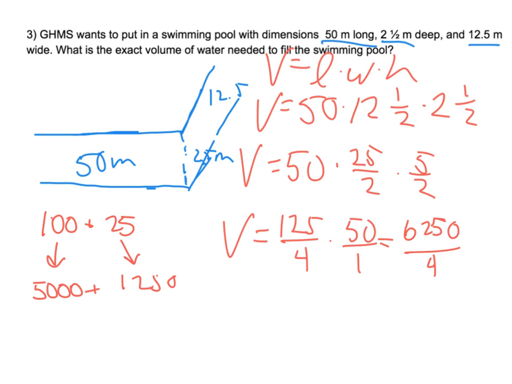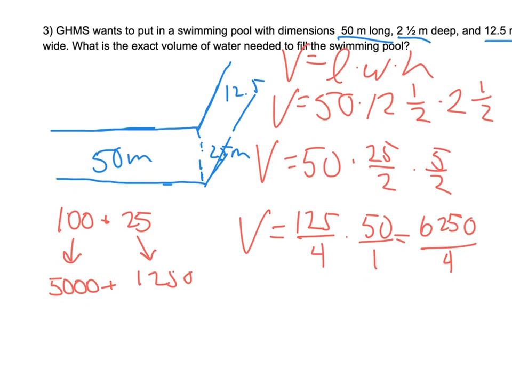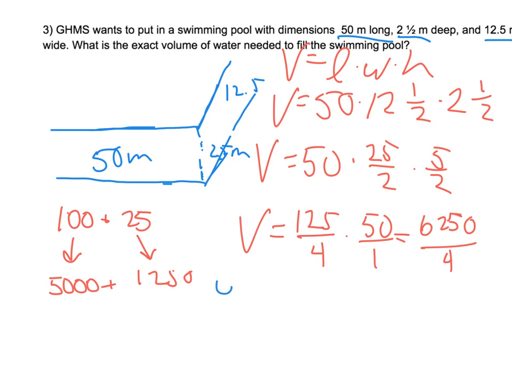All right, so for our last step, then we can do 6,250 divided by 4. So I'm going to break this down by recognizing this as 6,000 plus 200 plus 50.